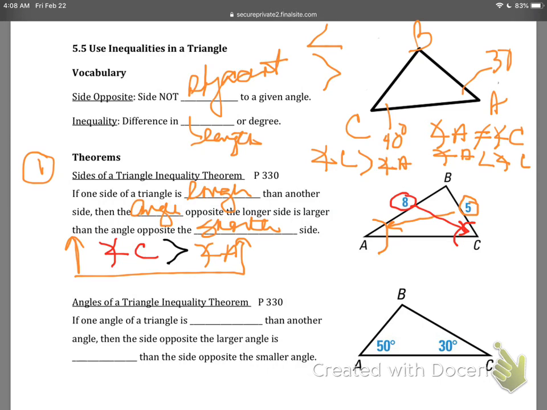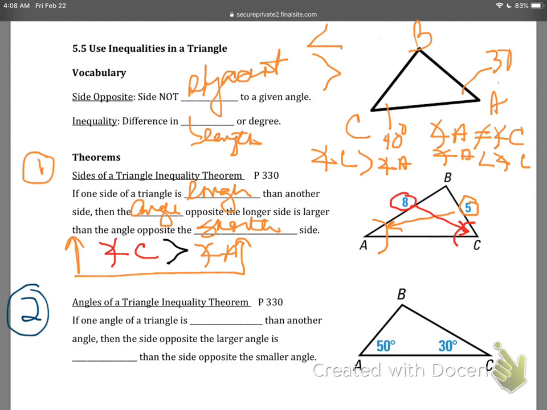Okay, that brings us to our next theorem. I'll change colors again. Our next theorem is the angles of a triangle inequality theorem. I'm going to assume they're going to talk about angles here because in the sides of a triangle inequality theorem, we discussed sides. So here we go.